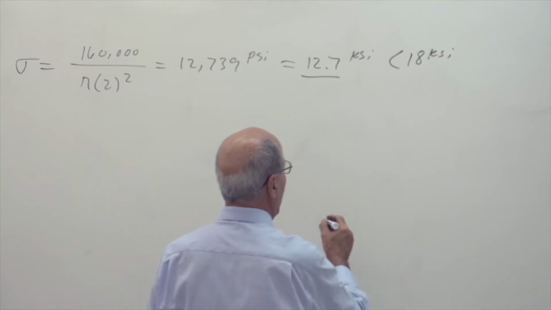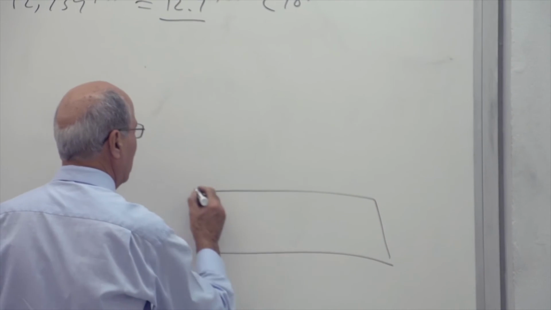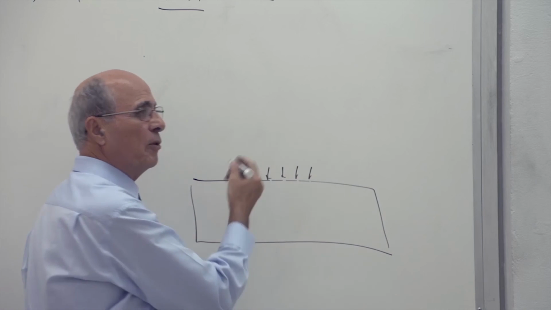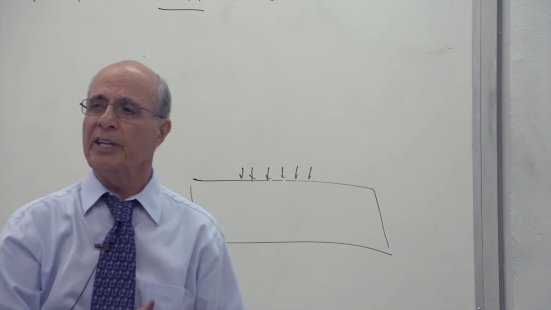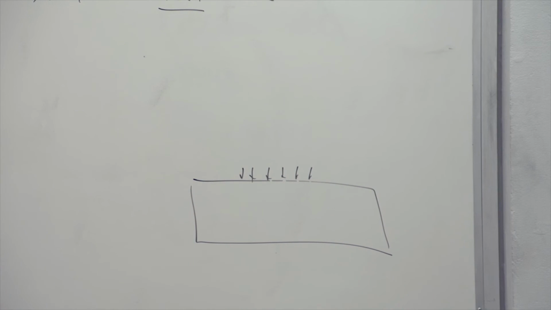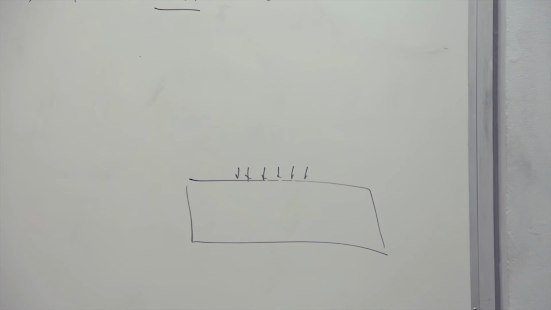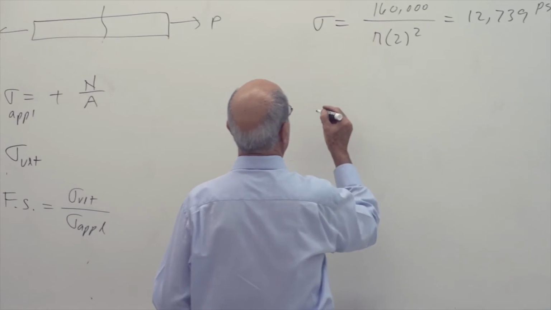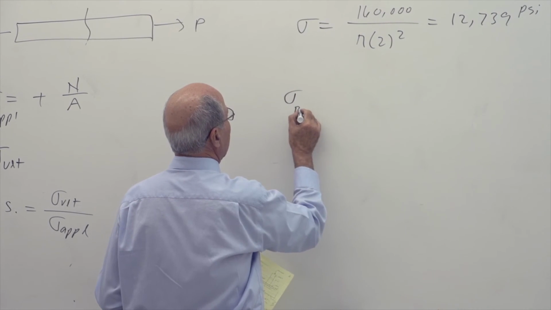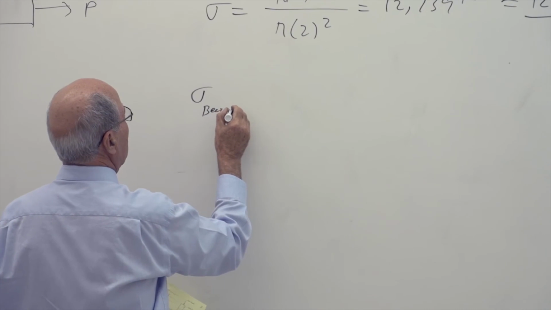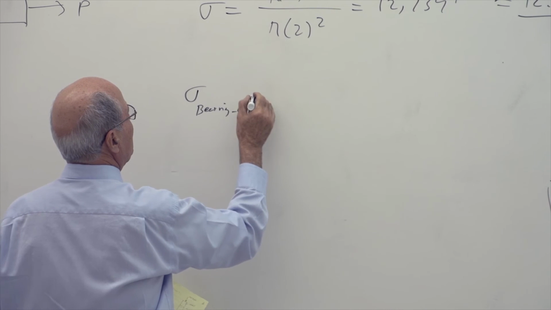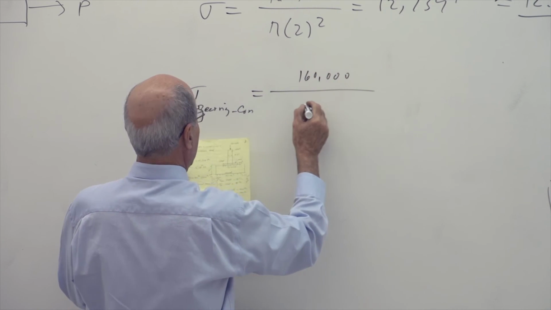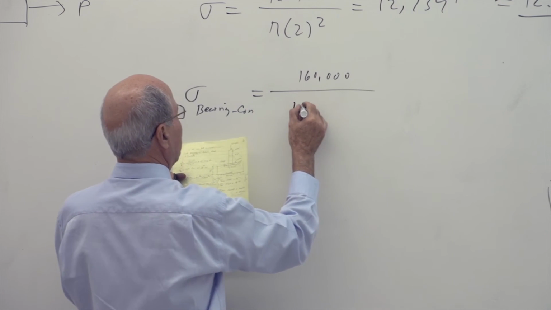So the load is being distributed. Everybody see what I'm talking about? You have a uniform pressure acting on the concrete over an area of 10 by 10. Is that understood? So sigma bearing on the concrete is equal to, again, 160,000 divided by 10 by 10.